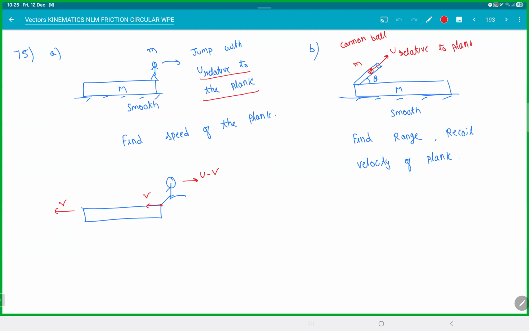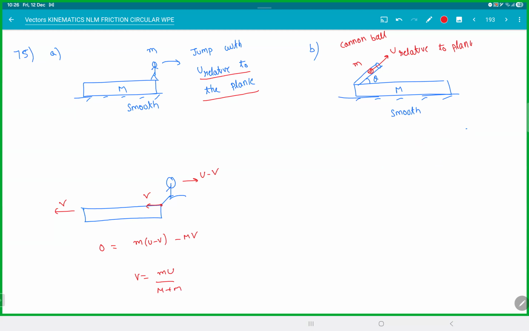The moment he tries to jump, the plank is already going back with V. So your foot is going back with V, and you're jumping forward with u. So initial momentum is zero. This is m into (u minus v) minus Mv. So we get v is equal to mu by (m plus M).